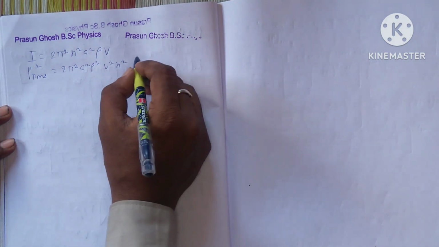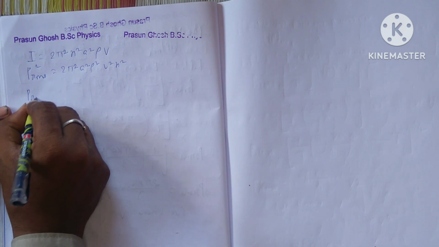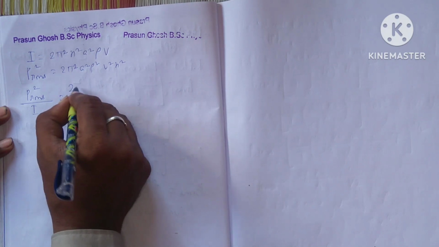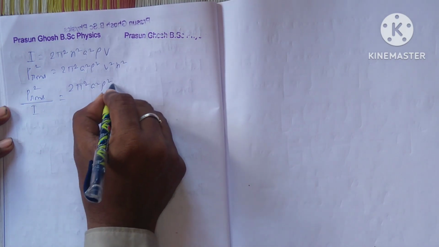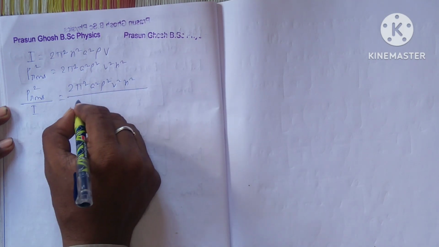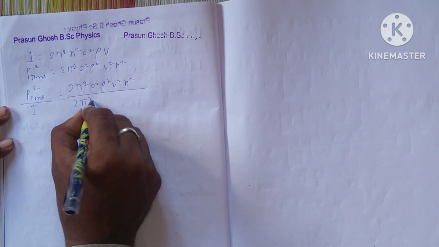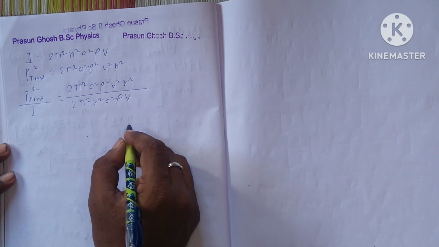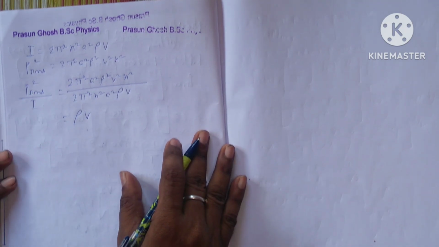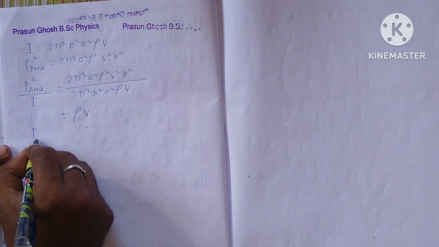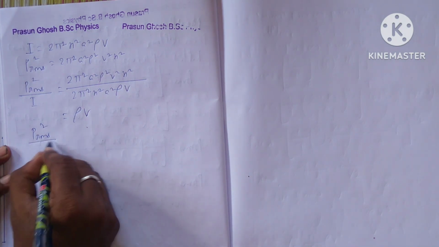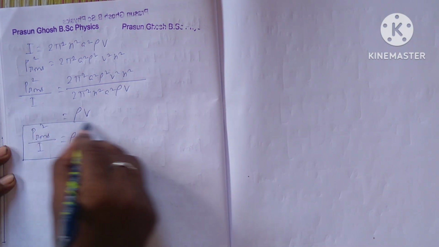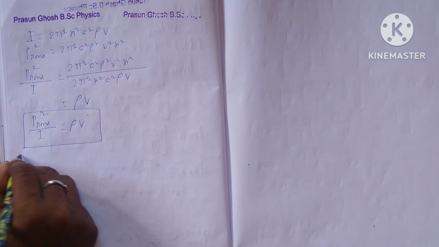So P RMS square divided by I, we get rho v. So P RMS square by I equals rho v. So this is the relationship.